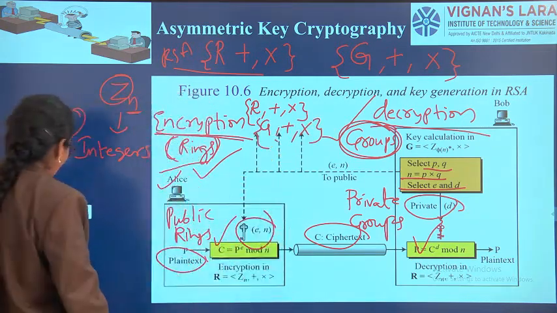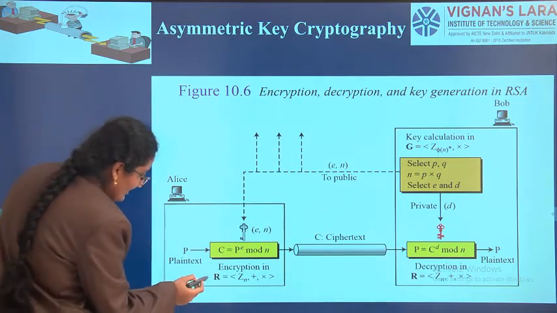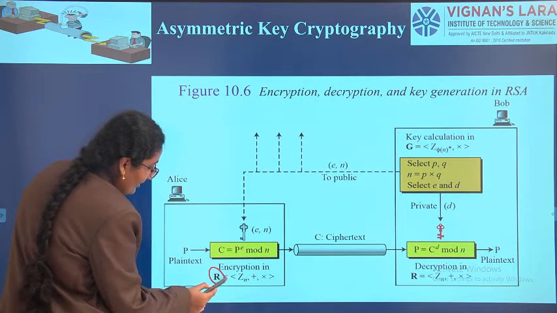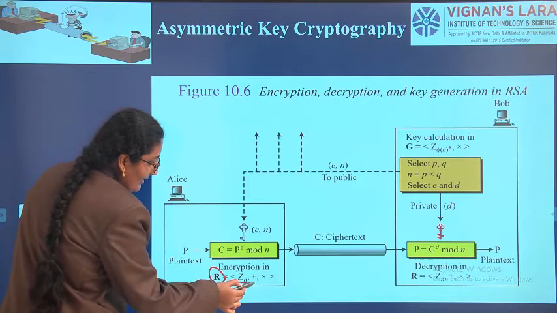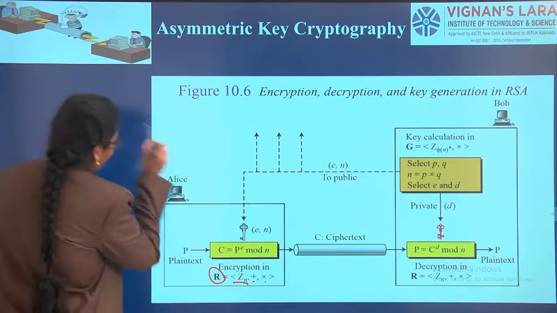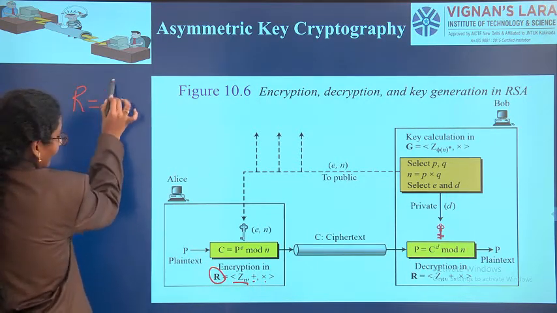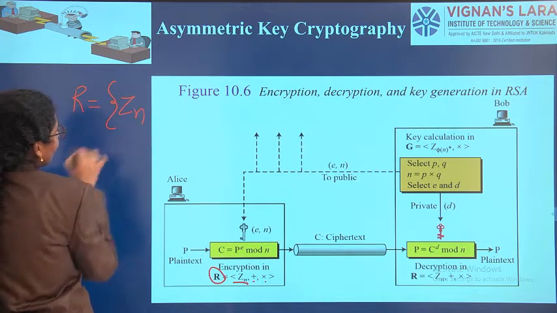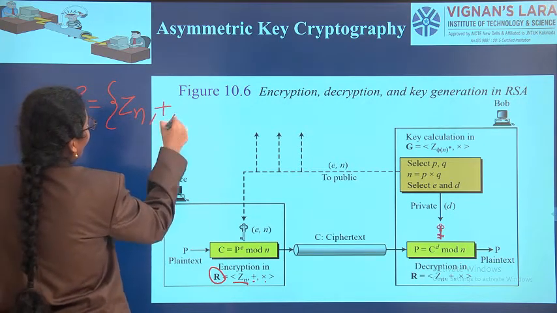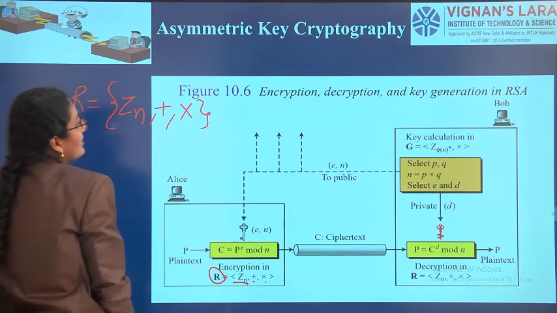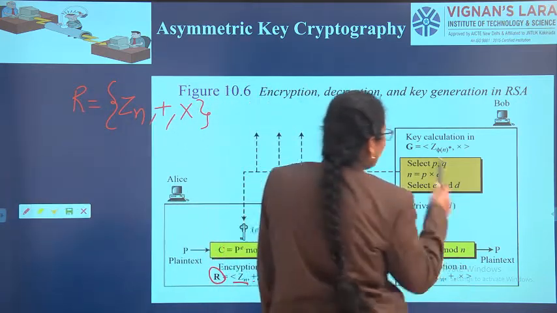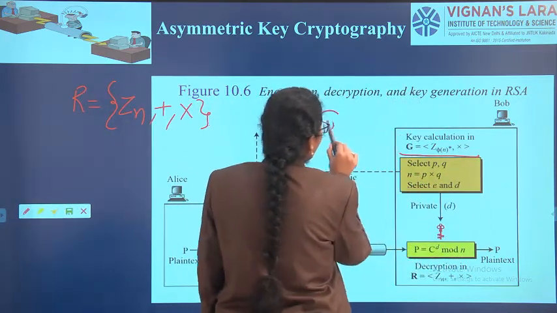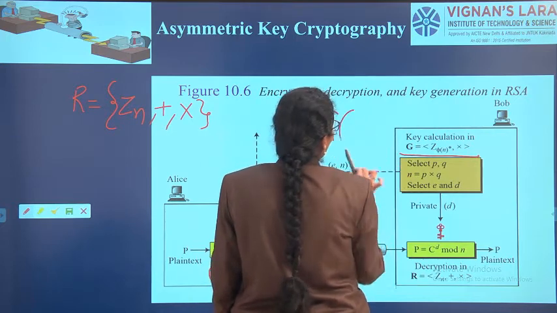So see here, same thing you can see here. Ring R with n integers, it can perform addition and multiplication. Same way here also. See here, group G, this is the private group.